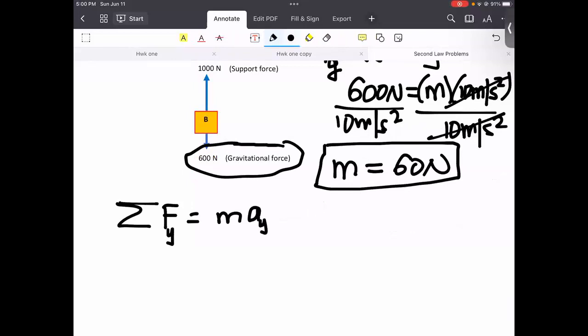Let's rewrite the net force in terms of the numbers given. So we have the 1000 acting upward, so it'll be plus 1000 newtons. And then add the other force. The other force is the 600 newtons, but it's acting downward.